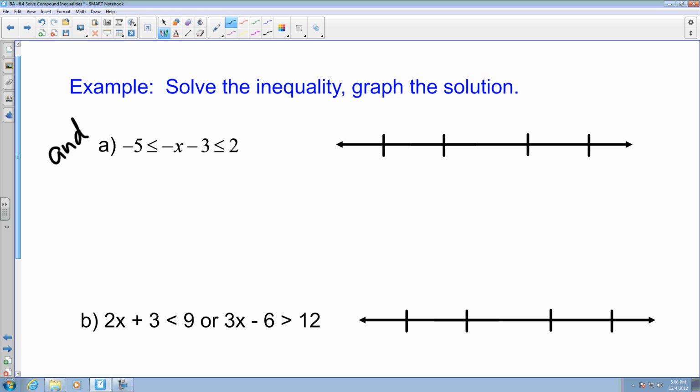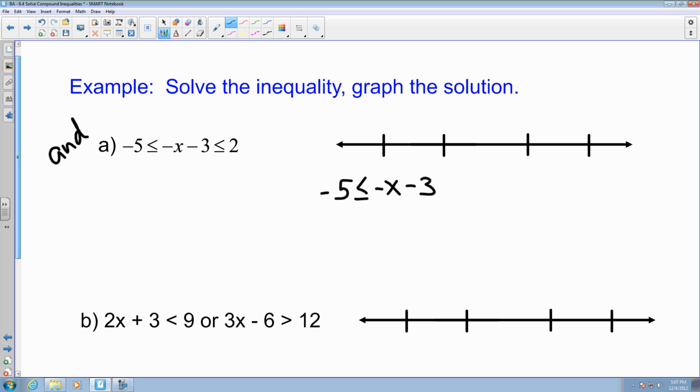First thing I want to do is, these are actually two statements here. If you were to rewrite this problem, it would be like saying -5 is less than or equal to -x minus 3.